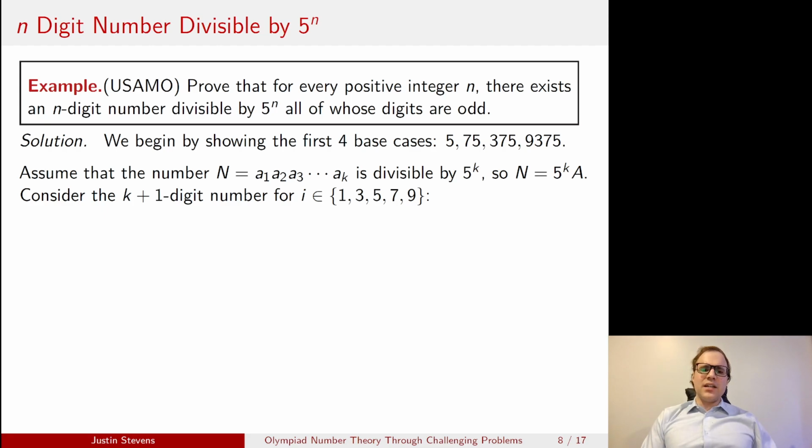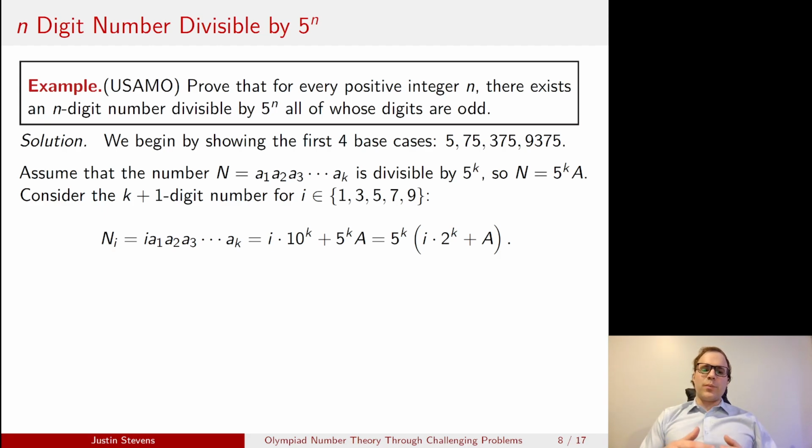Now we're going to consider the k plus 1 digit number for i in the set 1, 3, 5, 7, and 9, which constitutes all of the odd digits. This new number is going to have i in the front, and then the k digits that we had previously, like going from 375 to 9,375.